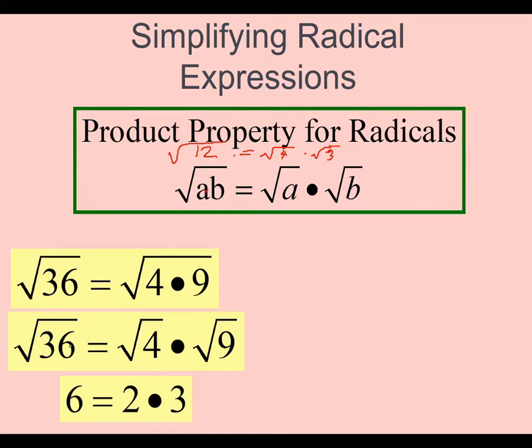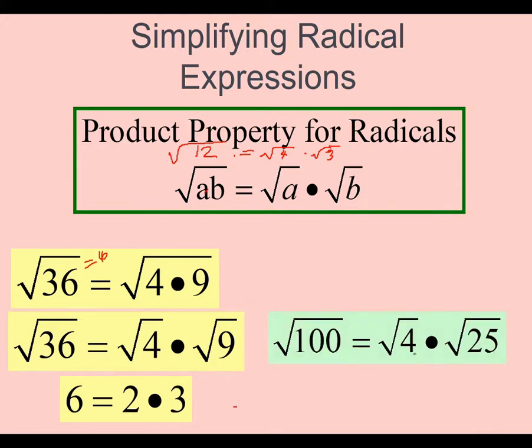Alam naman natin, ang square root of 36 is 6. So, in-apply lang natin yung product property for radicals. Also, yung square root of 100, ayan, that is 4 times 25. The same din siya as 2 times 5 equals 10. Okay?